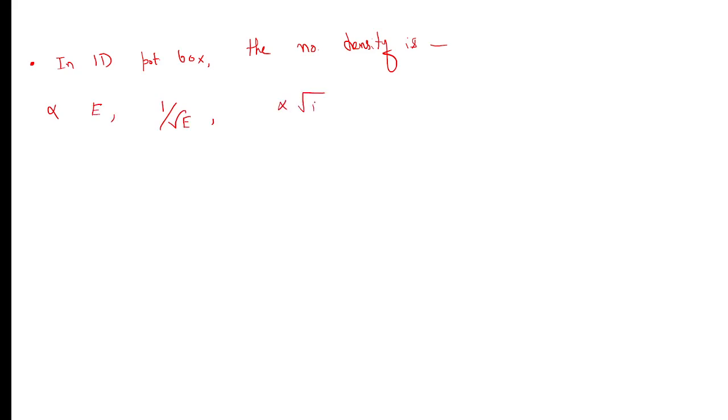Okay, I have another question. It is saying that in a 1D potential box, the number density, is it proportional to 1 upon root E or root E?